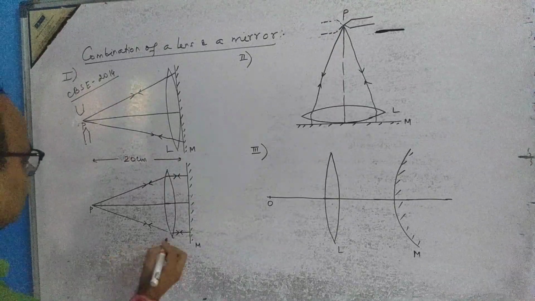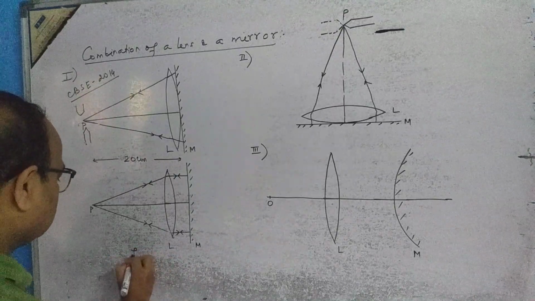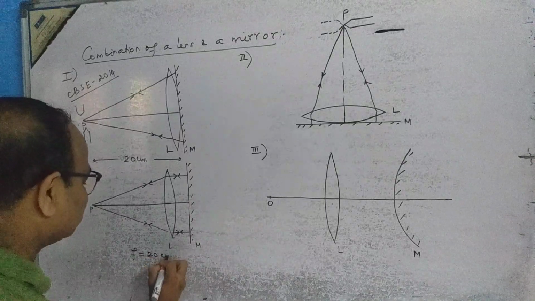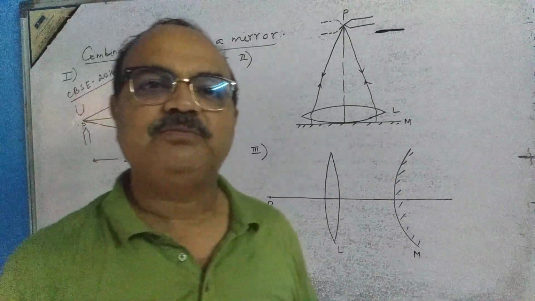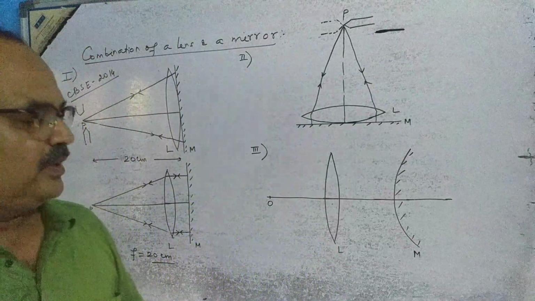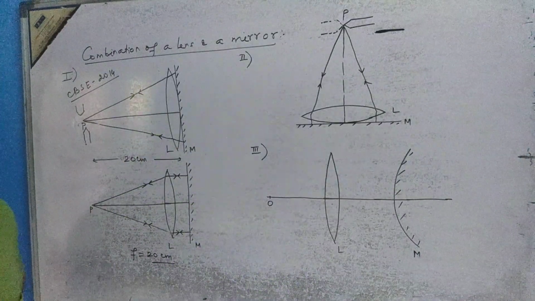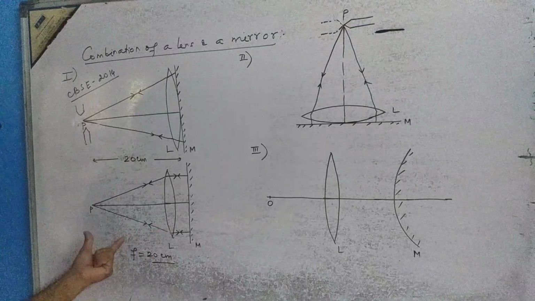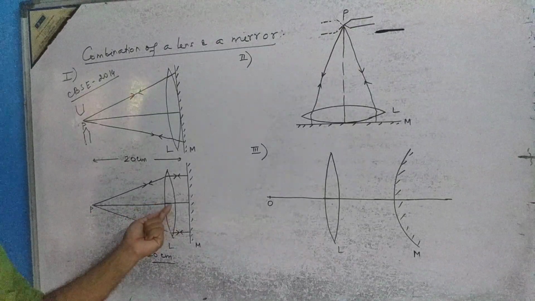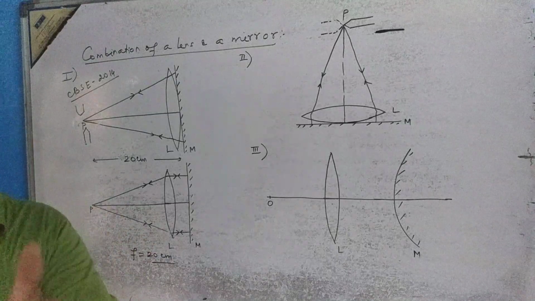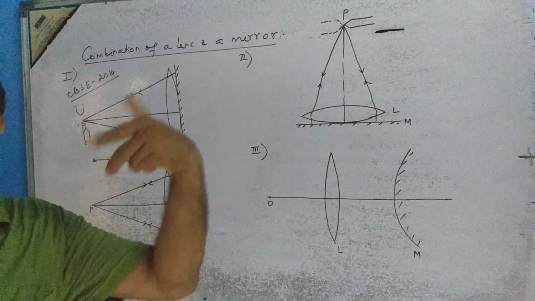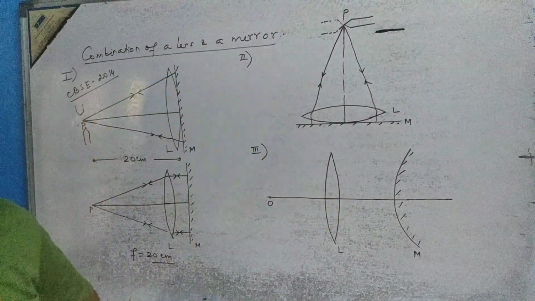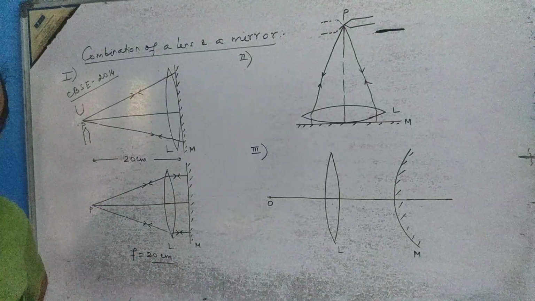That's why F is equal to 20 centimeter. The focal length will be 20 centimeter. It is only possible when the focal length is 20 centimeter. That means if the object is placed at the focus of this lens, then only it is possible that its image will be formed again at the same point. Understood?